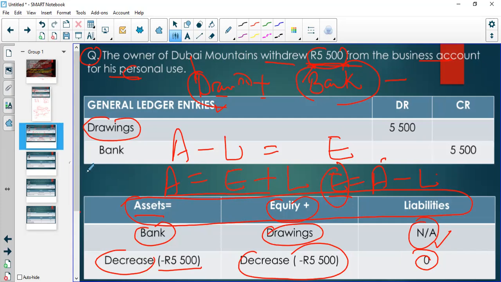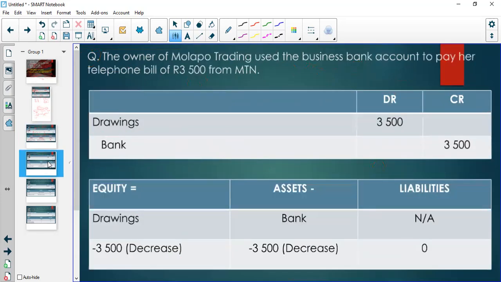So in most cases, I think I have another example here. All right. So this is another example for the owner. Use the business bank account to pay a telephone bill of 3,500 from MTN. Now remember the entity principle here.